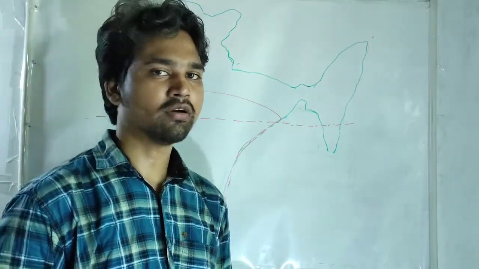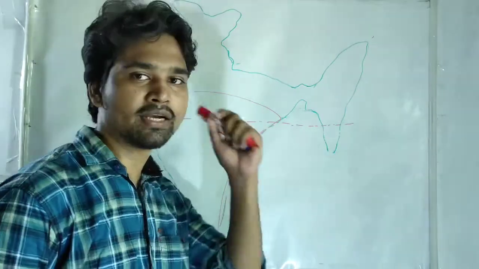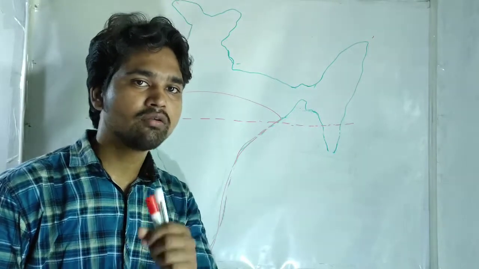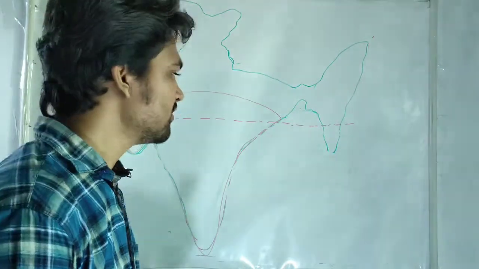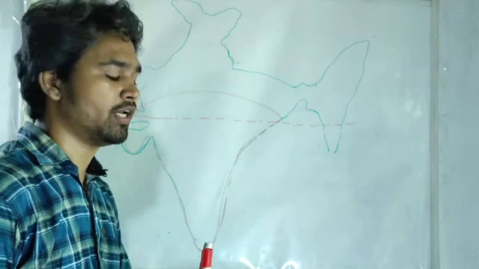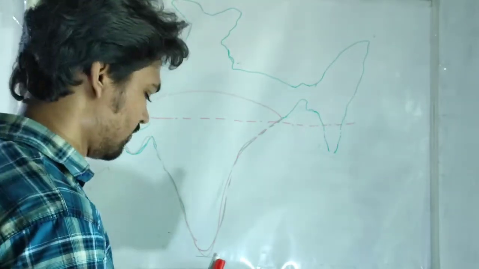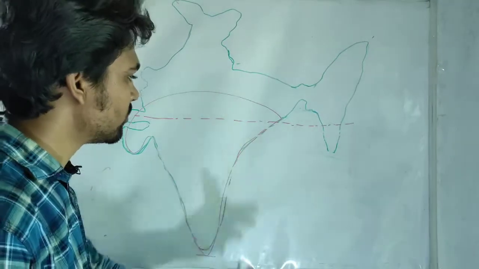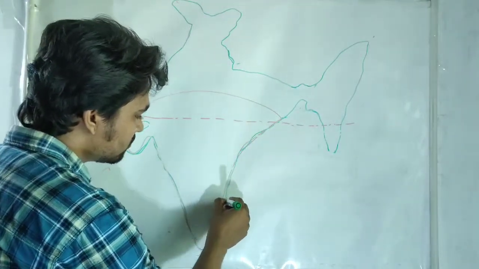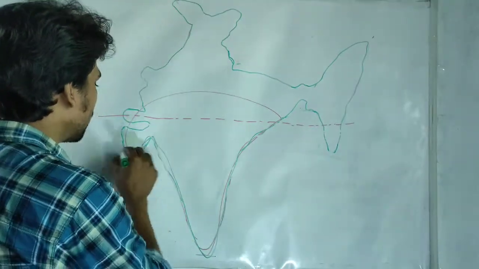Friends, in this lecture we will discuss NCERT class 6 chapter number 7 of geography, that is our country India. We will discuss some basic information regarding India. Firstly, India is covered on almost 3 sides by water bodies.